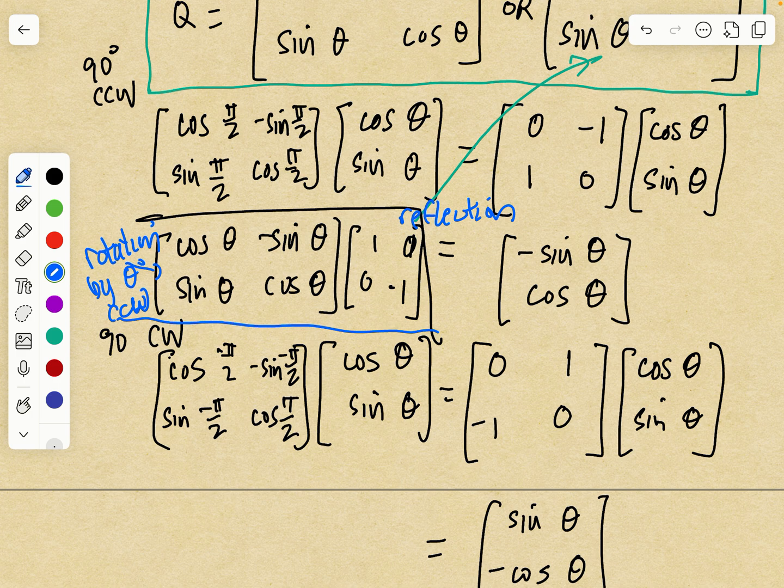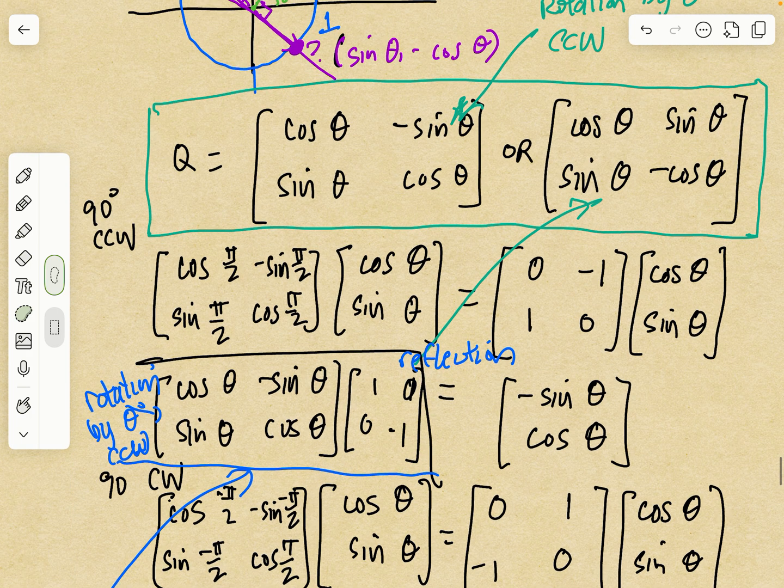And notice that these are the matrices with determinant negative 1. This matrix has determinant 1, this rotation matrix has determinant 1, but the reflection has determinant negative 1. And what we just said was that these matrices have determinant 1. So now we know exactly what the 2 by 2 orthogonal matrices look like. The ones with determinant 1 are the rotations, which could be either clockwise or counterclockwise, depending on whether theta is positive or negative.